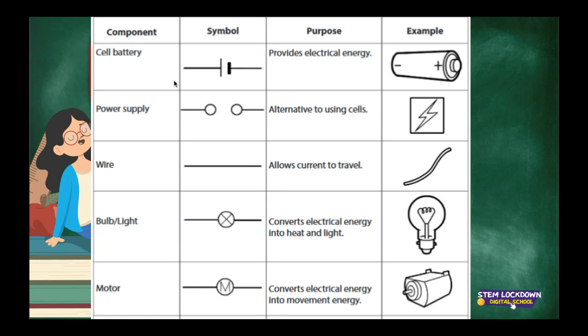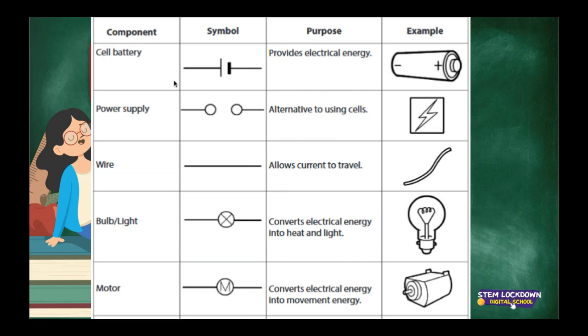I hope you're drawing these symbols down in your notebook just so that you can remember what the symbols look like. And what does a battery do? It provides electrical energy. Now on the far right is a perfect example of a battery. That's exactly what a battery looks like. But because I cannot draw a cylinder, I would rather just draw what the scientists have drawn, just a long line and a short line.